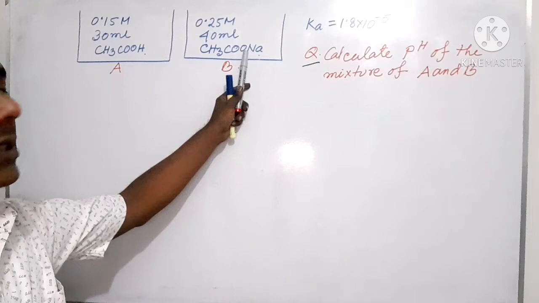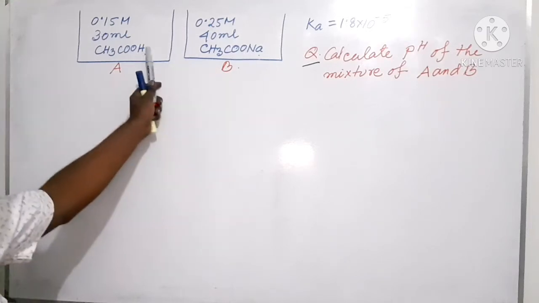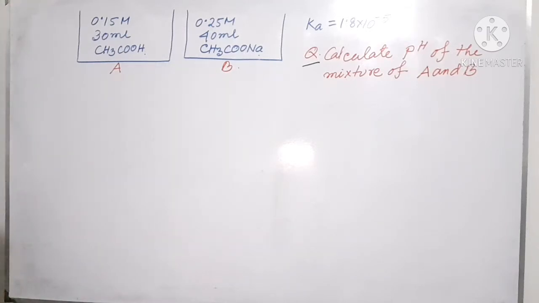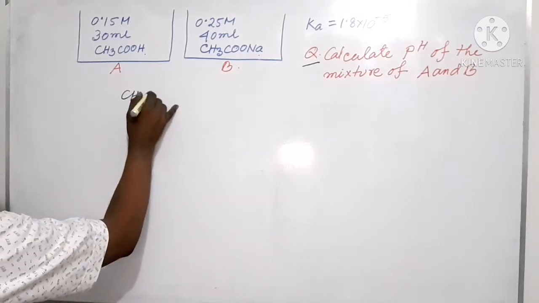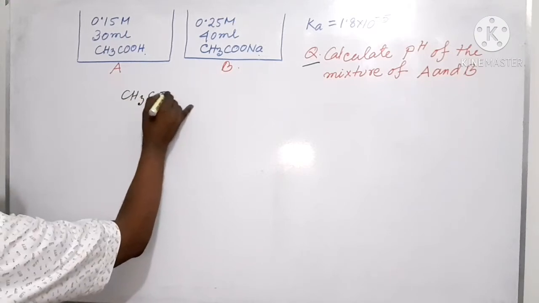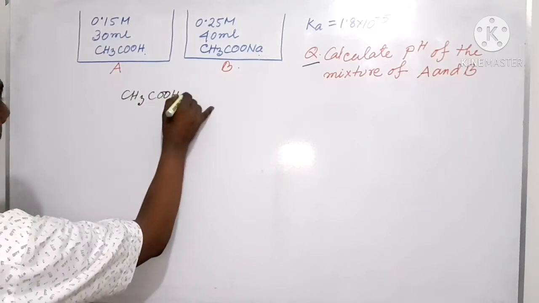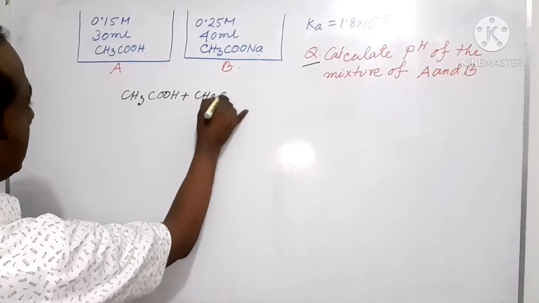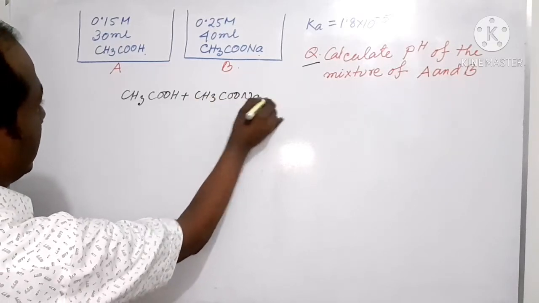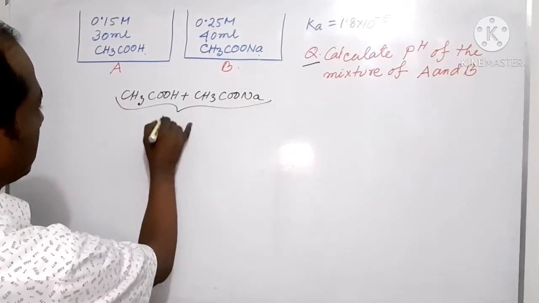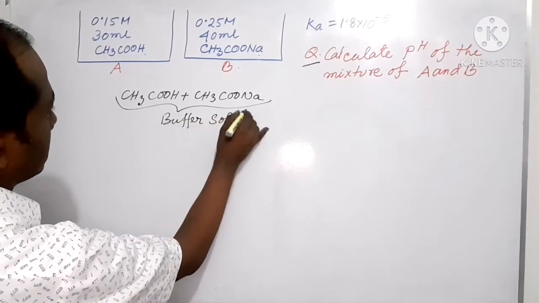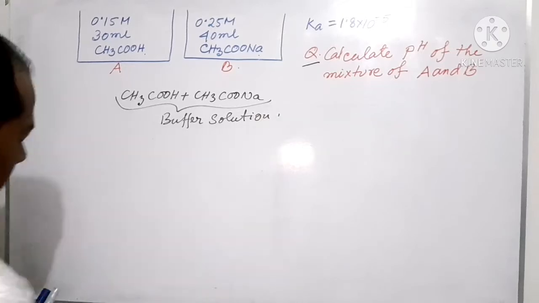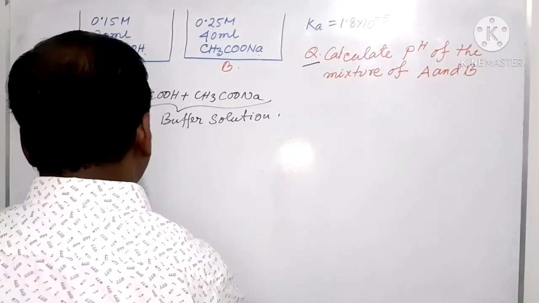That means sodium acetate is the salt of this acetic acid, and that's why this is a buffer solution. That means acetic acid CH3COOH plus CH3COONa is a buffer solution.